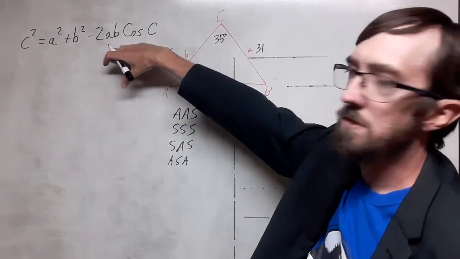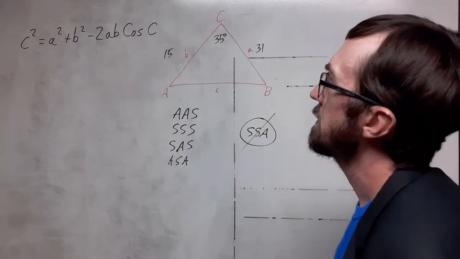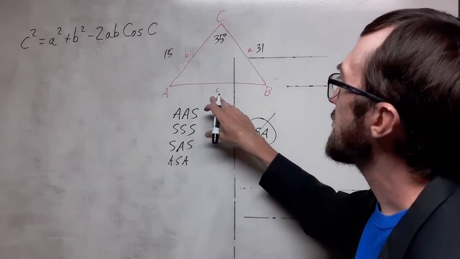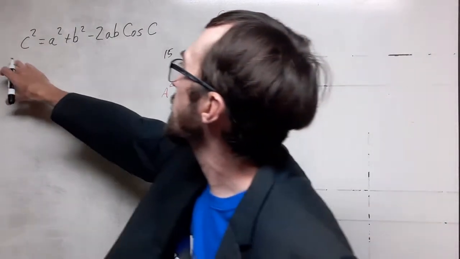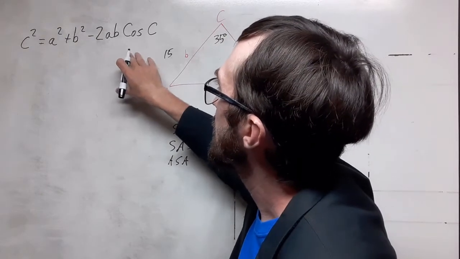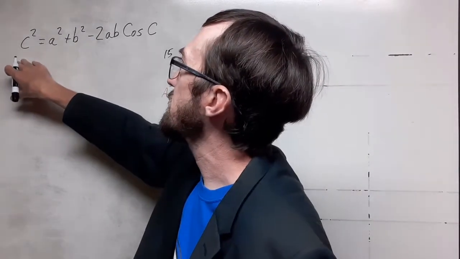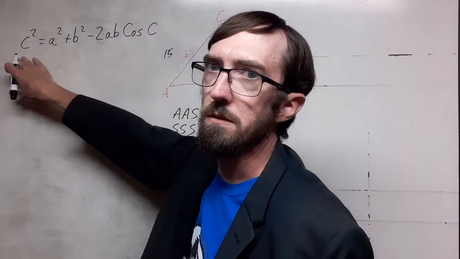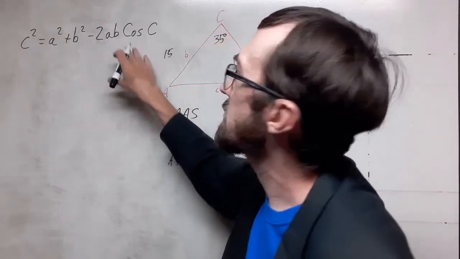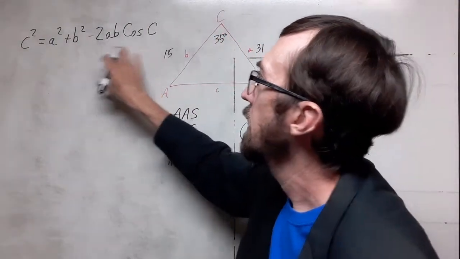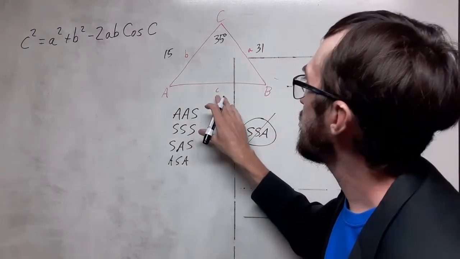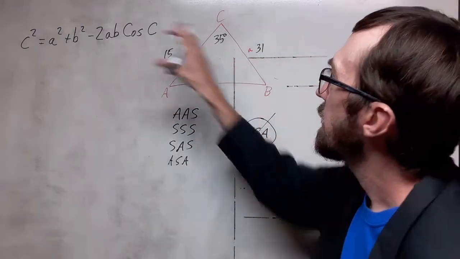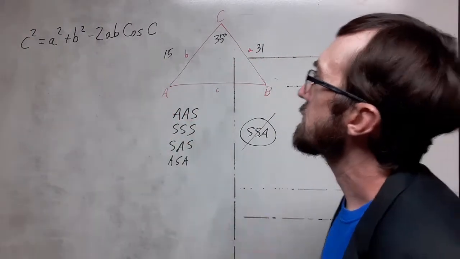We have this law of cosines over here. Notice that side C is missing, and this is almost explicitly solved for C here. So let's go ahead and use this the way it is presented here and solve for the missing side C. Let's plug in our givens.